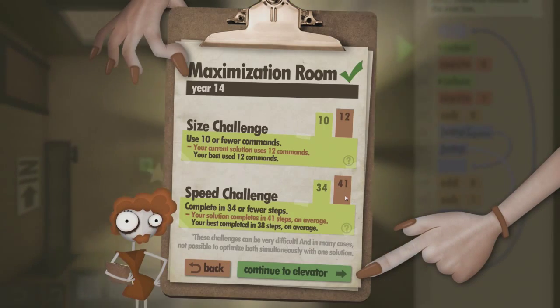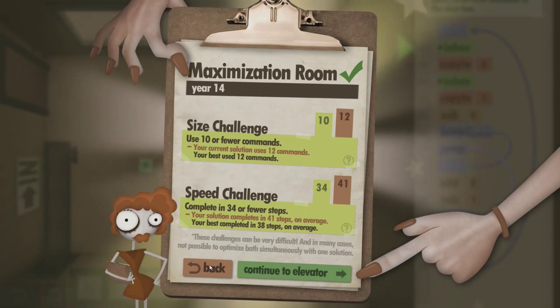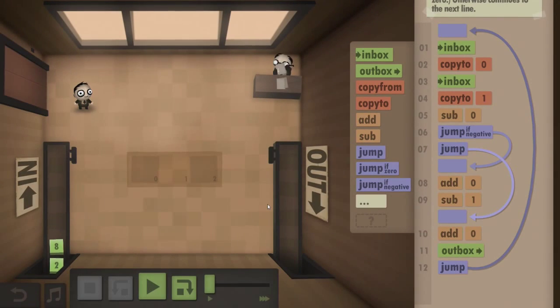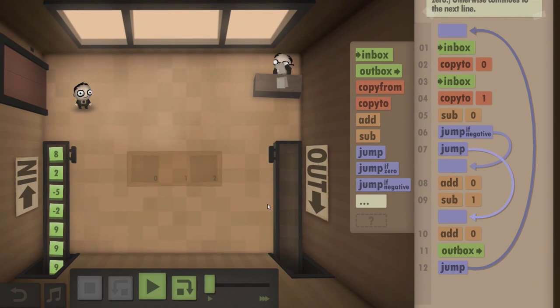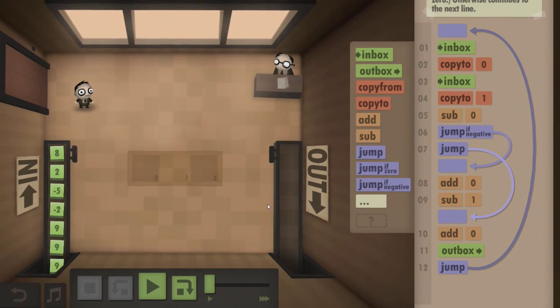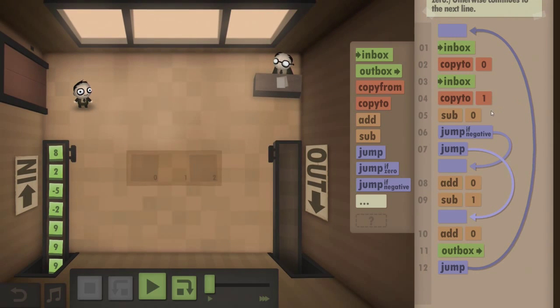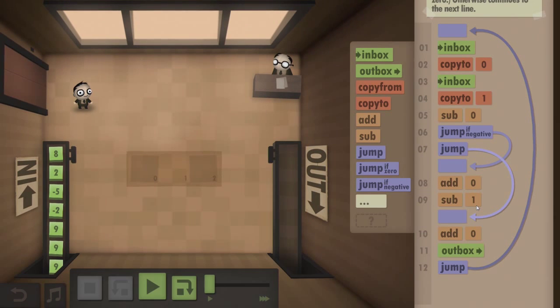That's why it's 41. But I'm trying to figure out what it is. Add 0 sub 1.